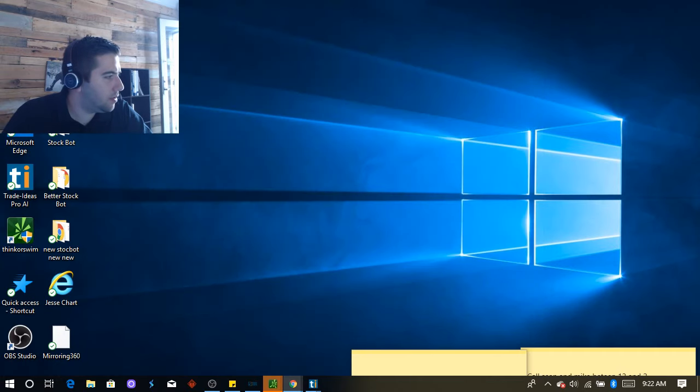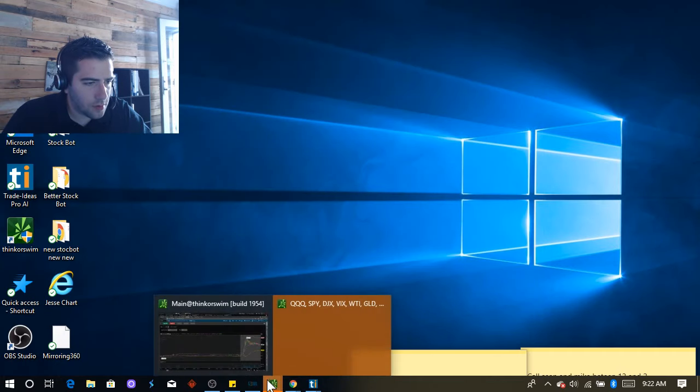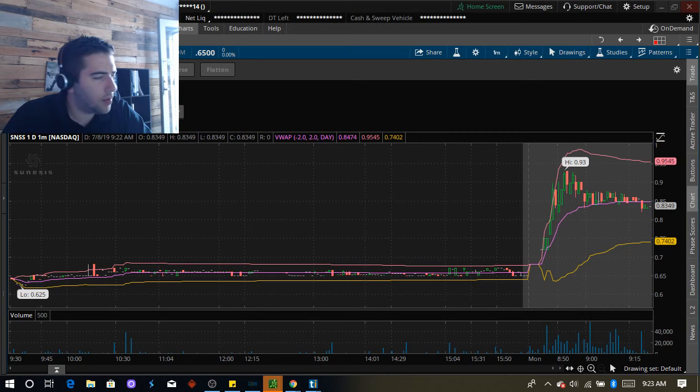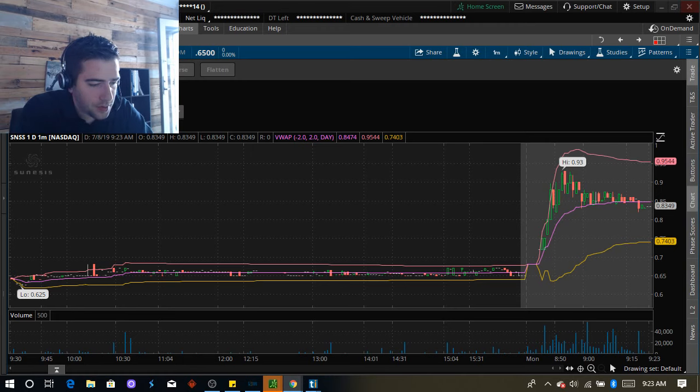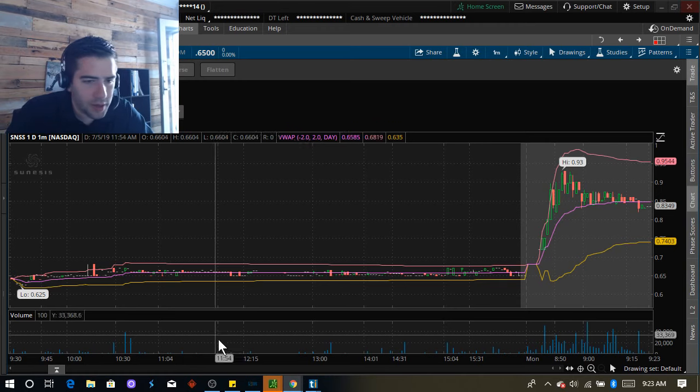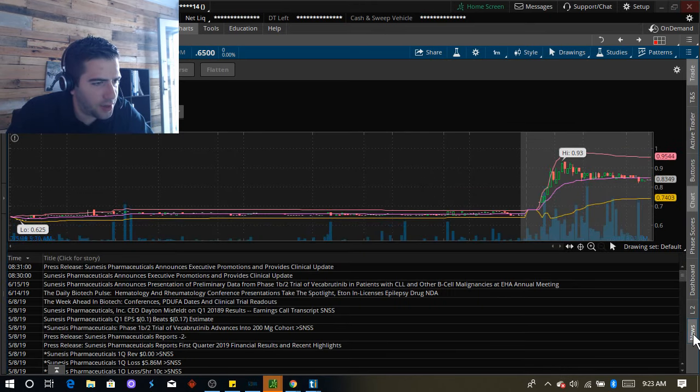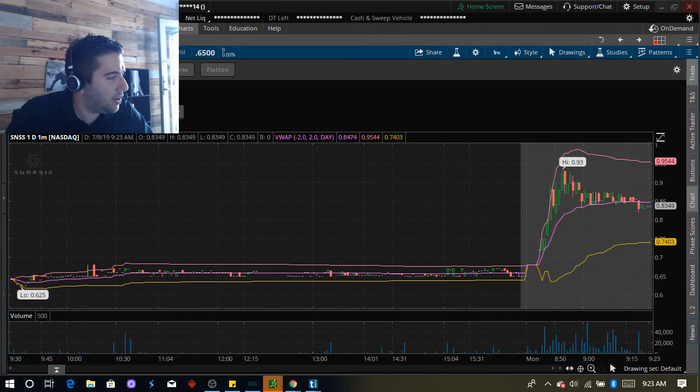All right, I like it, especially if it doesn't go down below 80 or 280. Sometimes that's even better. SNSS, right at its pivot point, and bullish Y news, right? It had news. I kind of like this one.